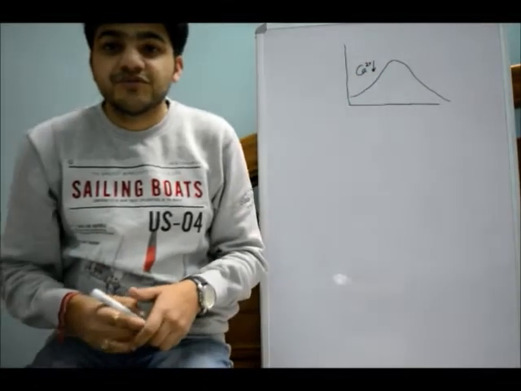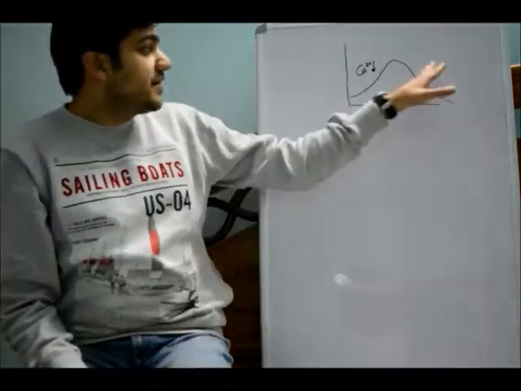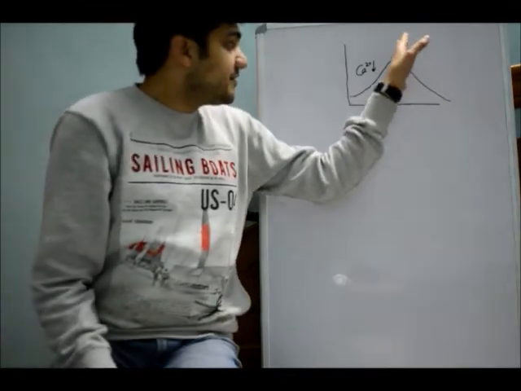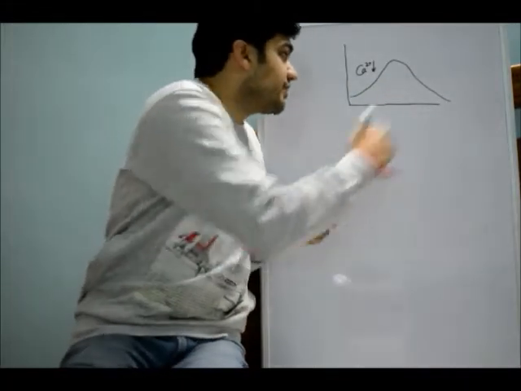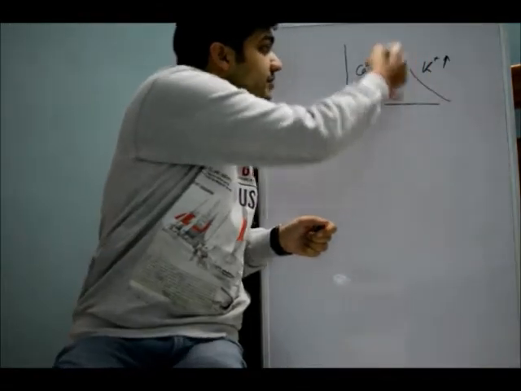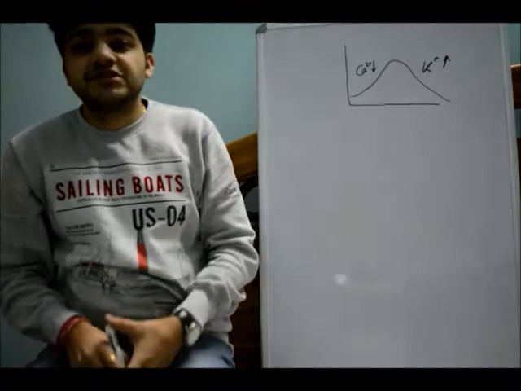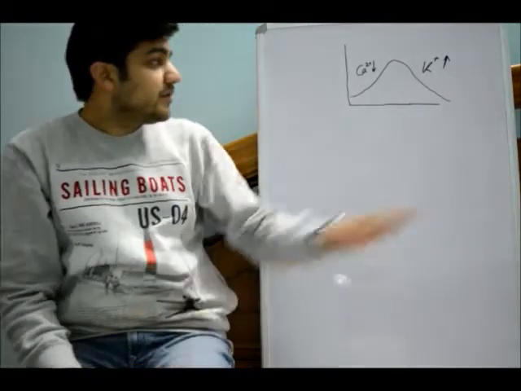Now calcium is a positive ion, it will lead to depolarization, and after they go into inactivation, there is opening of the potassium channels and there is efflux of potassium. So this is an action potential that you see in the nodal tissue.